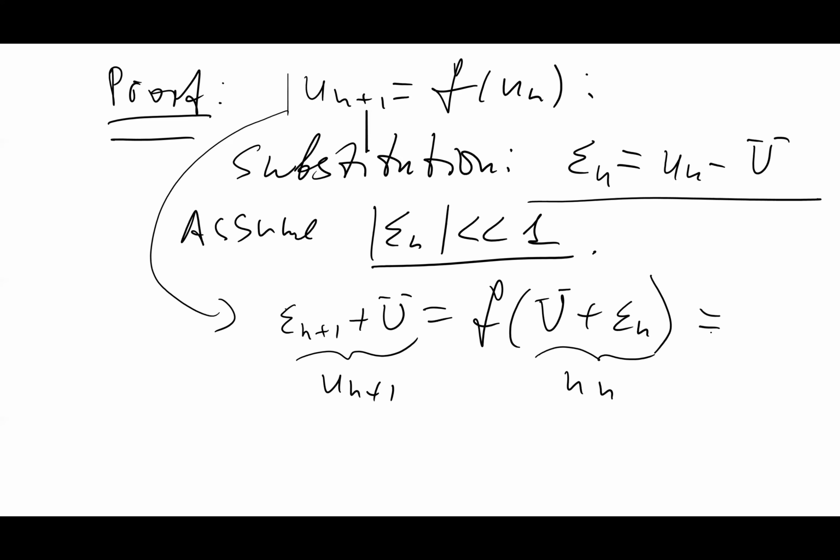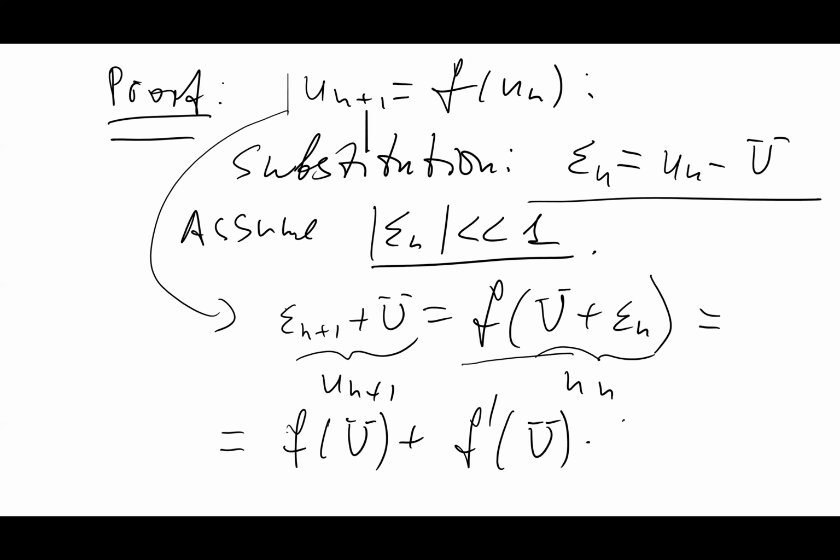And this will be equal to, now what we will do, we will take the Taylor expansion of this f. This is f of U capital plus the derivative of f at U capital times epsilon_n. I say here roughly equal, because it's an approximation.